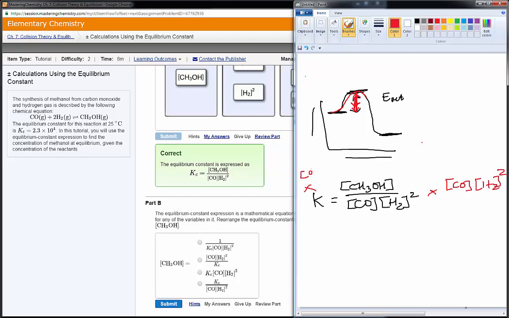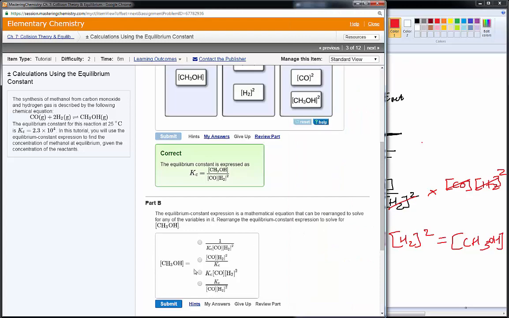Those cancel. And I find that K times the CO concentration times the H2 squared is equal to the CH3OH. You guys should be able to do this pretty easily. This is just simple algebra.